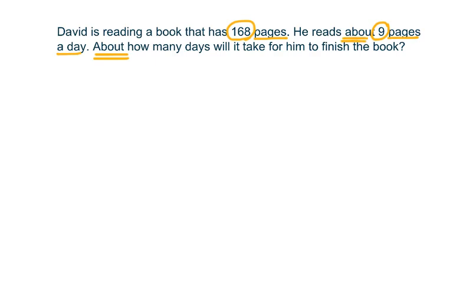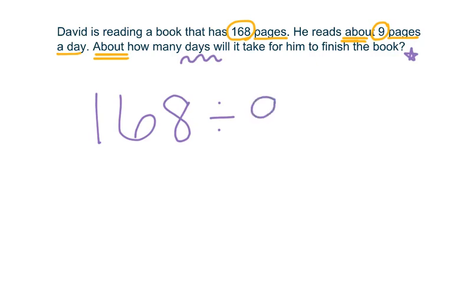And then I'm going to put a star by my question. I'm looking to see about how many days will it take for him to finish the book. So my label is going to be days. I'm going to write out my number sentence or math equation. 168 divided by 9. I'm looking to see about how much that's equal to.